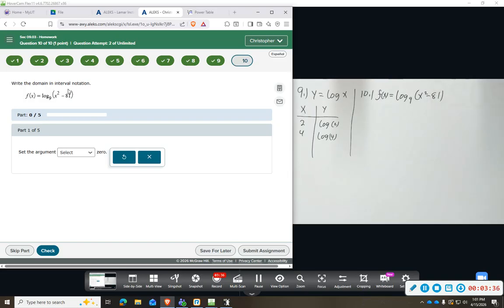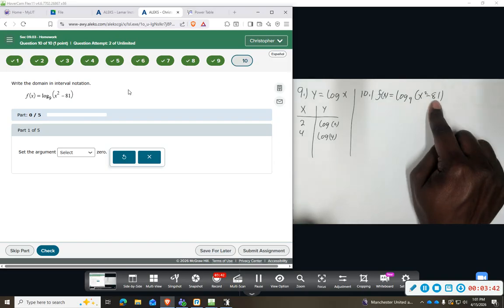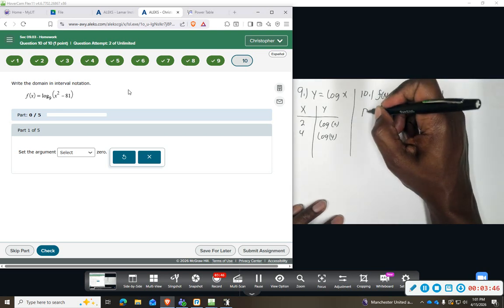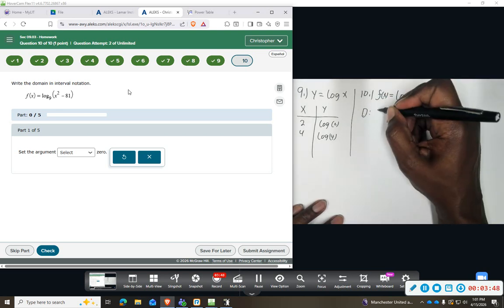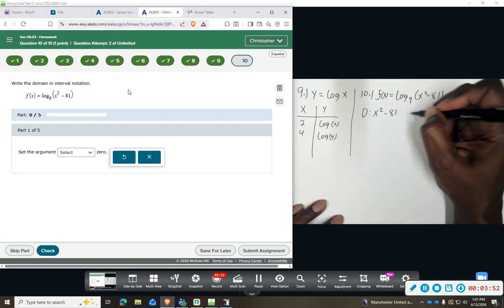All right, to find the domain of log, we take the argument. Whatever we take the log of has to be greater than 0. So I will be focusing on the inside and say domain: x squared minus 81 has to be greater than 0.